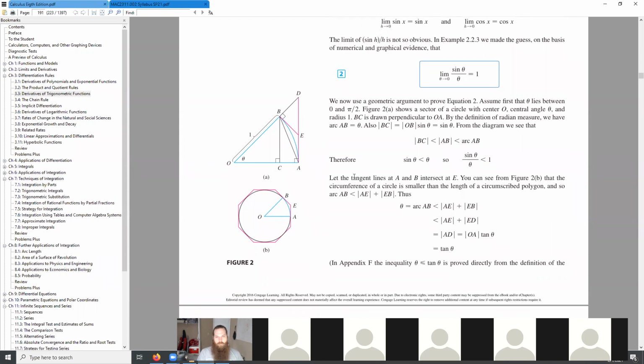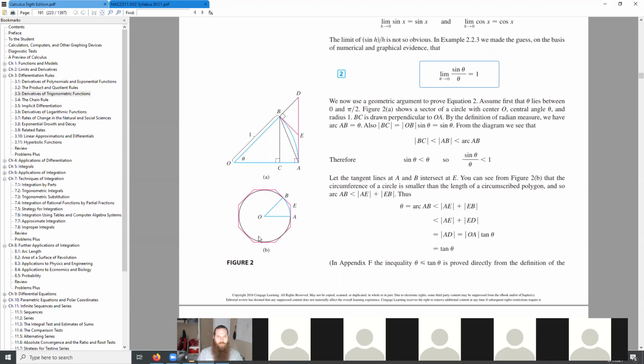Now they engage in a similar thing here. So they say, look at the tangent lines at A, which is down here. So this is the red line. The line AD is a tangent line at A. And the tangent line at B, which is this red line right here, the line BE, intersect at the point E. You see from the figure that the circumference of the circle is smaller than the length of the circumscribed polygon.